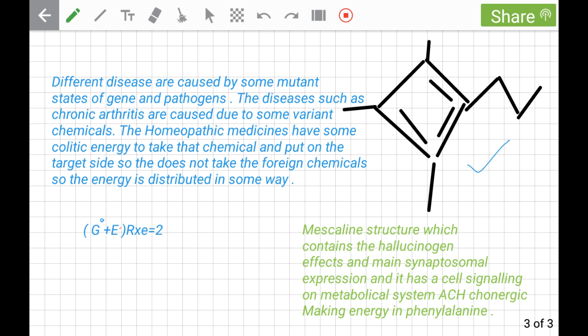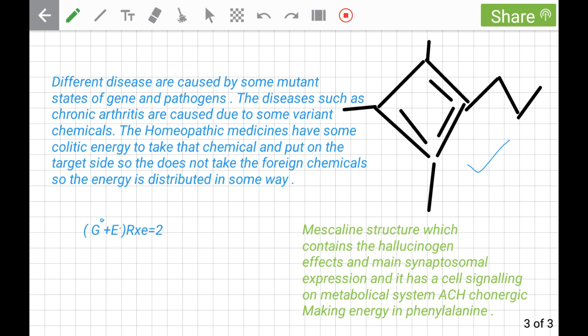It has a cell signaling on metabolical system ACH cholinergic, making energy in phenylalanine. So mescaline is found in the anthemoniums and different types of medicinal bases. It can be used as oxidation states and reduction states, because it synthesizes the whole cycles of amines, proteins, and energy.